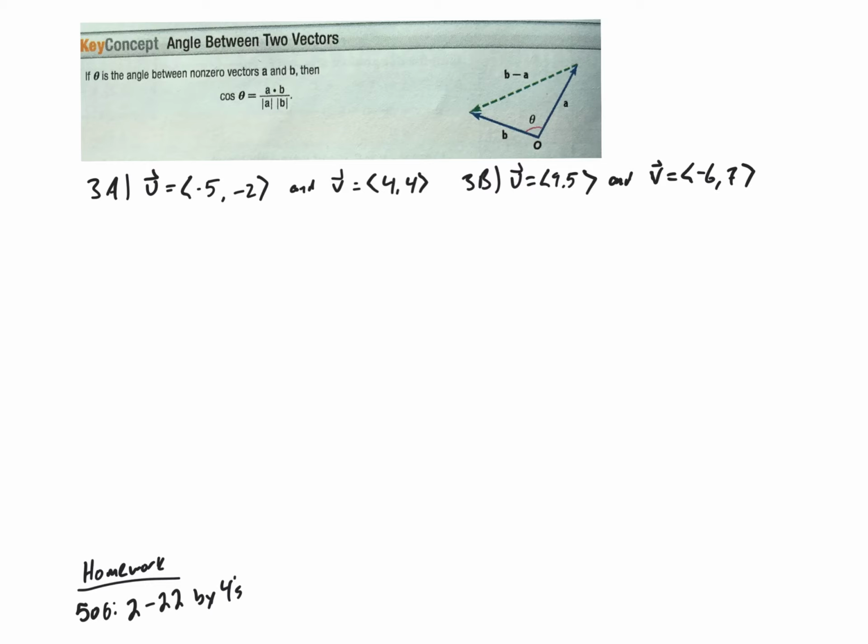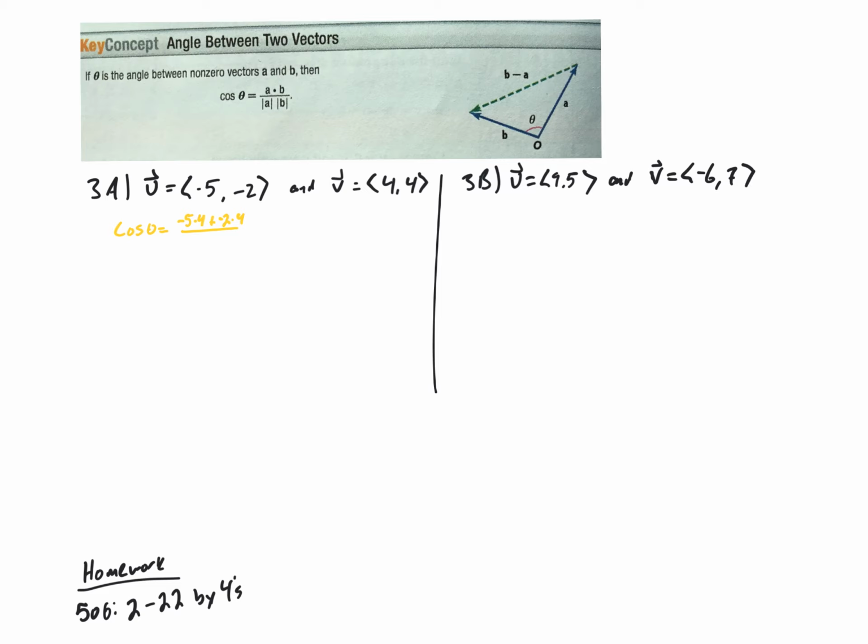So let's go ahead and try one of these here. We know that cosine of theta is going to equal the dot product of these two. So in the numerator, I'm going to have negative 5 times 4 plus negative 2 times 4.